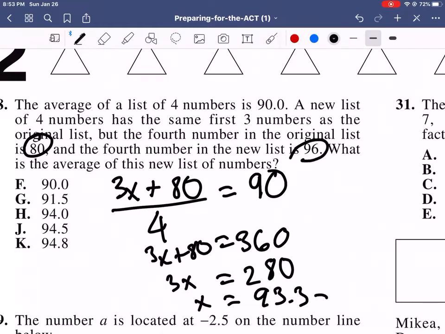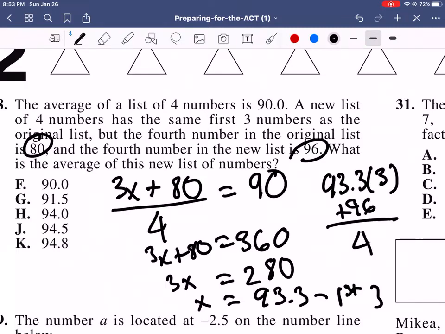So you know the first 3 numbers and you know the 4th number. What is the new average of the new list of numbers? It is 93.3 times 3 plus 96 over 4. I'm just going to plug that into my calculator, or I'm not going to bother. I'm just looking at the answer key, and I think the work is right, so it's 94.